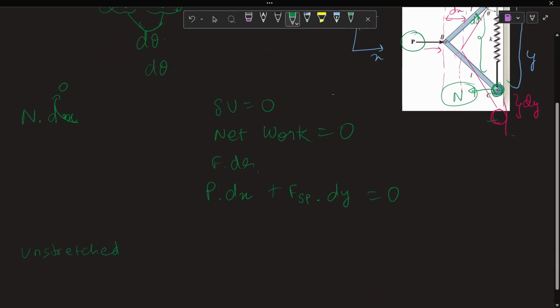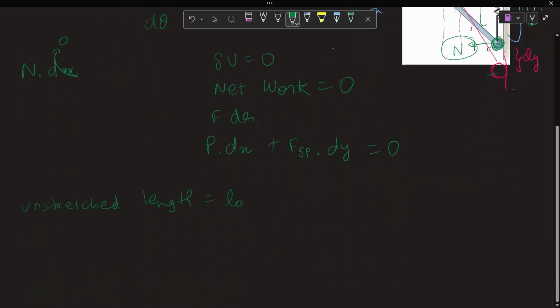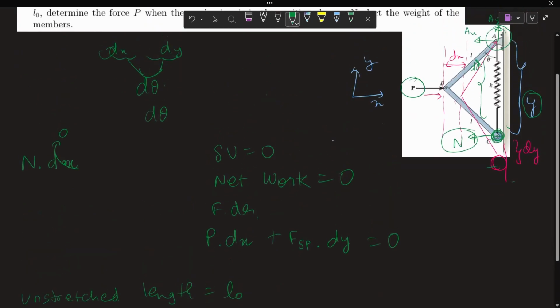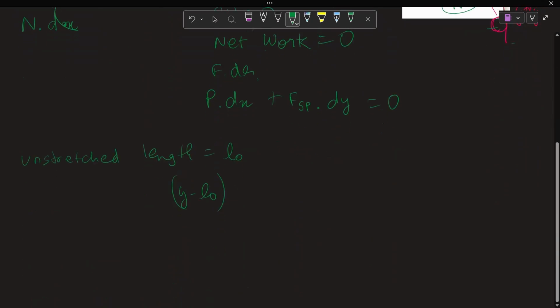And we are considering y as the length after this arrangement, so the final arrangement is at displacement y. The change in length is y minus L naught, because L naught was originally the length of the spring. So the final spring force will be K times x, where x is the change in the length of the spring, y minus L naught.